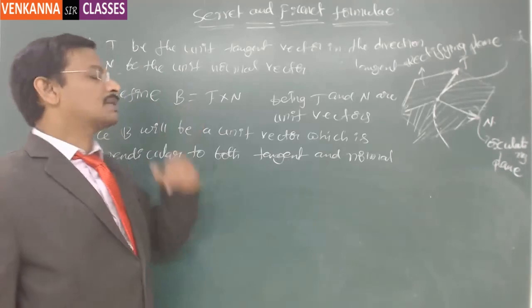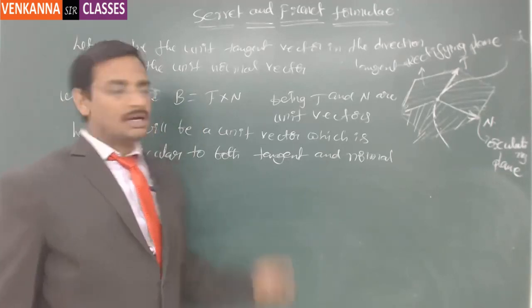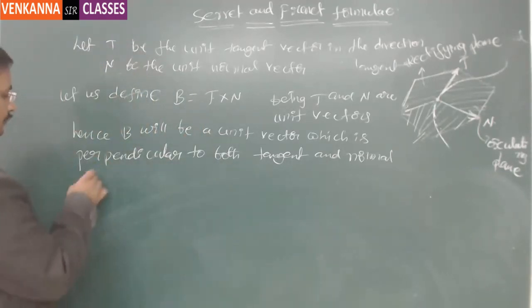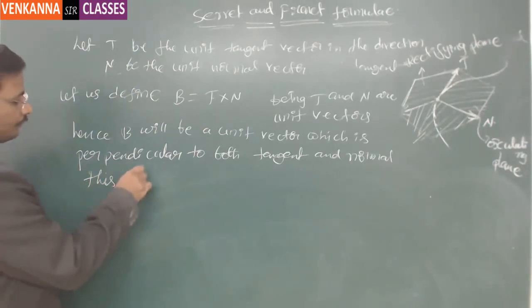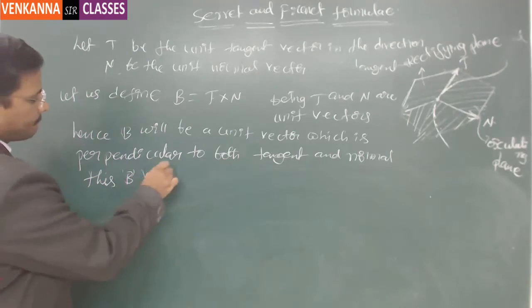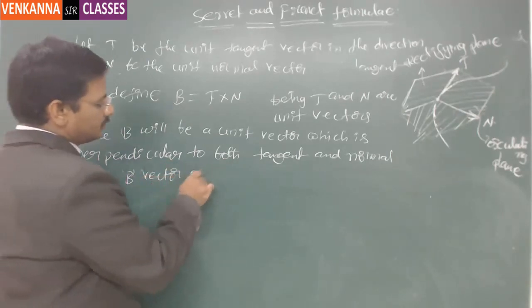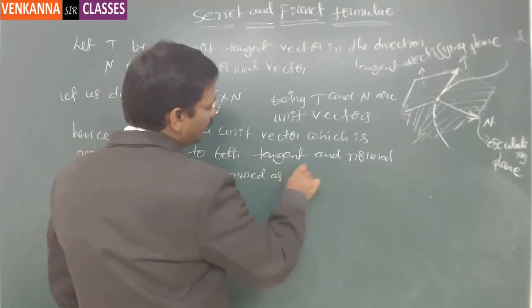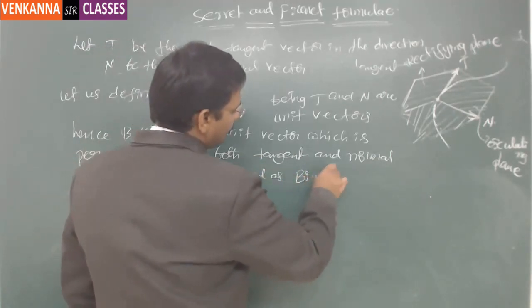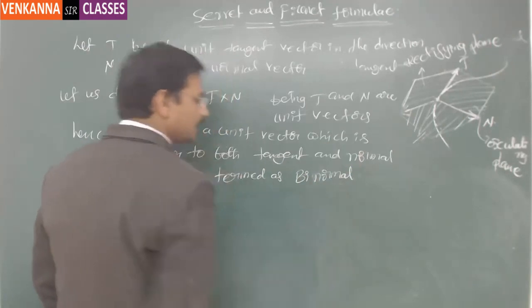Hence, B is t cross n, and this B vector is termed the binormal.